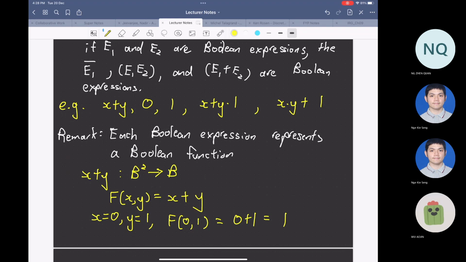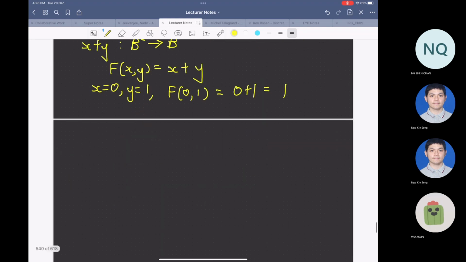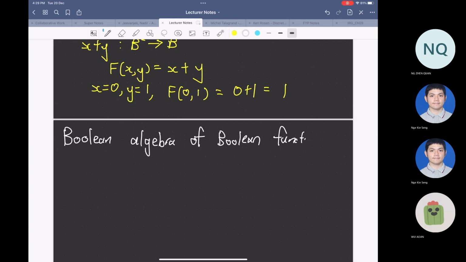But of course, you need to satisfy the laws. Okay. So here, what we have is the Boolean algebra of Boolean functions. Okay. Because we can add expressions, we can multiply expressions, we can take the bar operation.